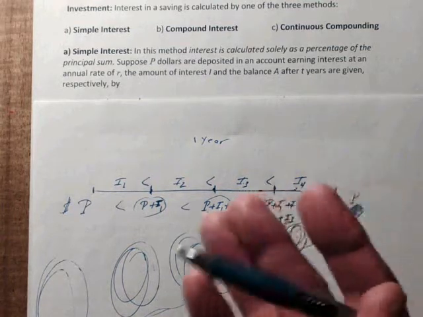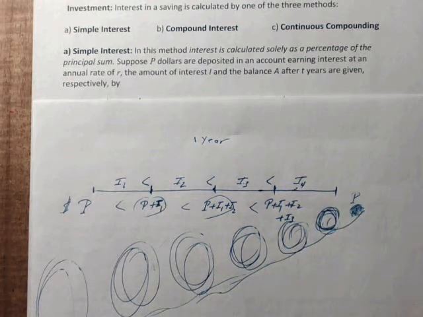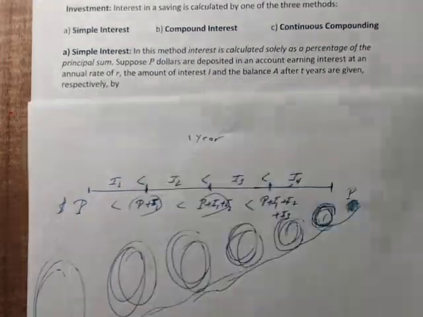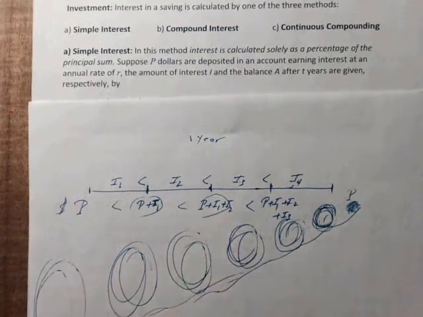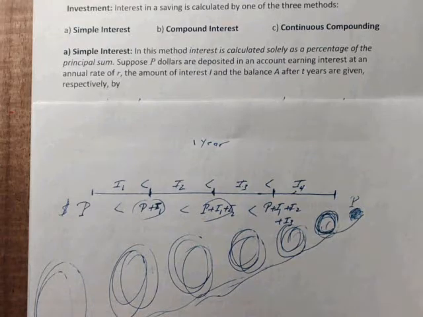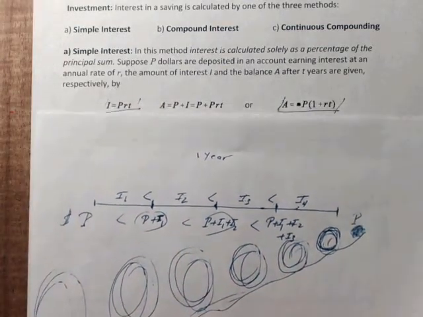This is called compound interest, because you're compounding your interest on whatever you had in the last period. It is bigger. We can use this idea to derive a formula for the balance, but we are not going to do that. We are not going to derive the formula.